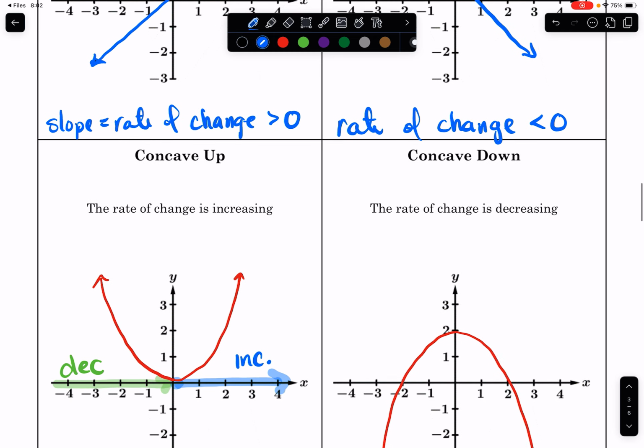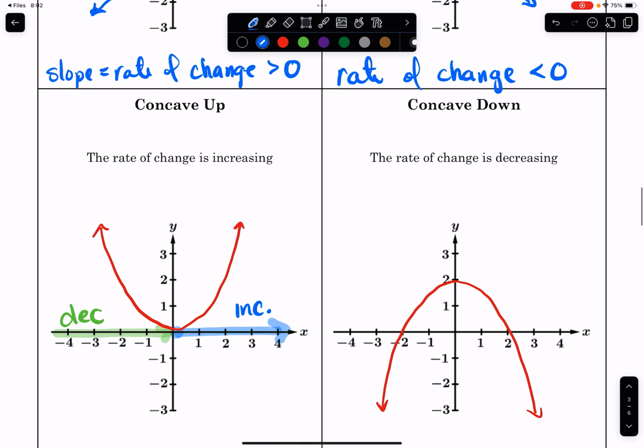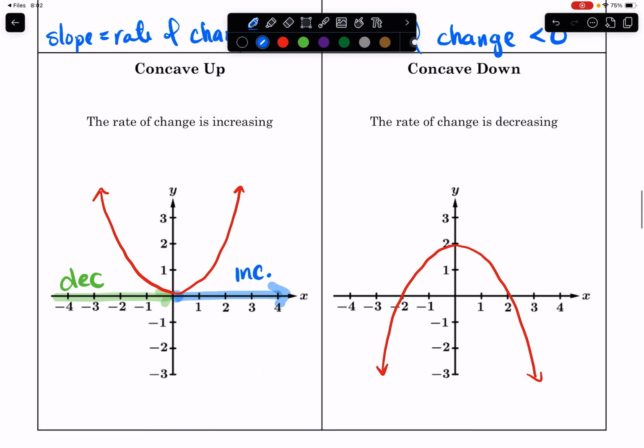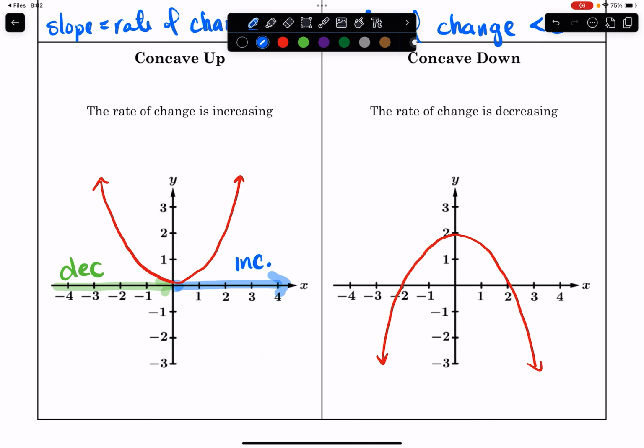And the correlation is that concaving up means the rate of change is increasing, and concaving down means the rate of change is decreasing. So it's changing by moving to a larger number. When it concaves up like this, our rate of change is changing from a negative to a positive, and this one is changing from a positive to a negative.